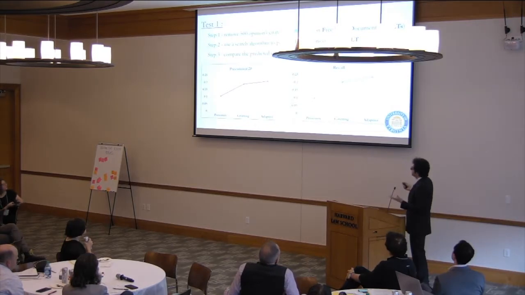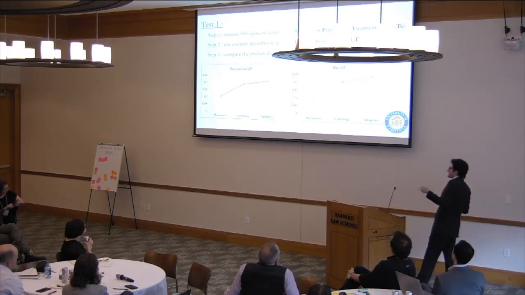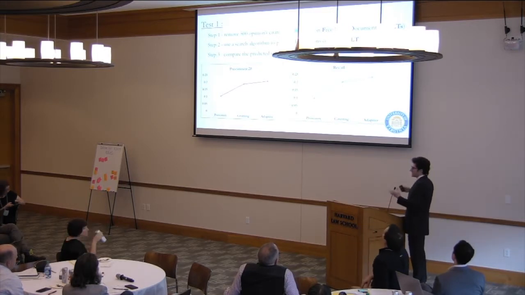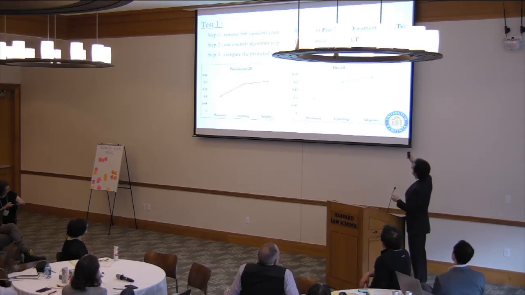And to see the performance of the algorithms, we designed 2 tests. The first test is we remove the citations of 500 US Supreme Court opinions, which makes citation-free legal documents.